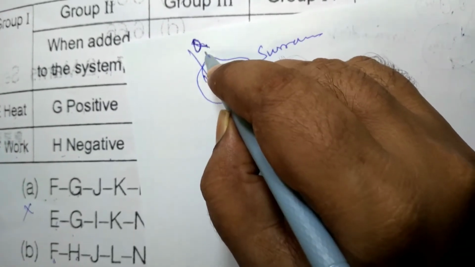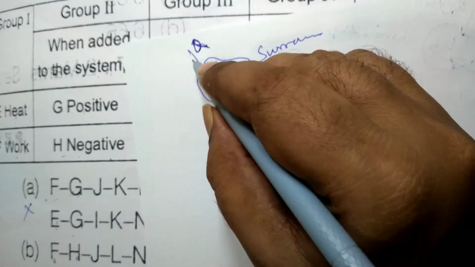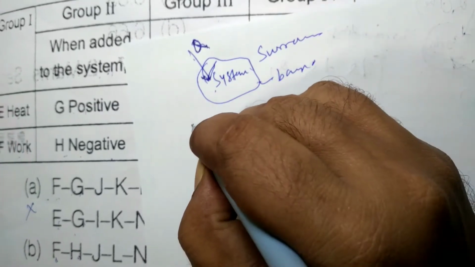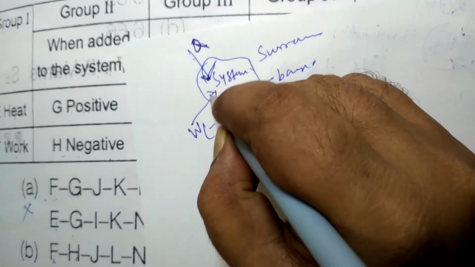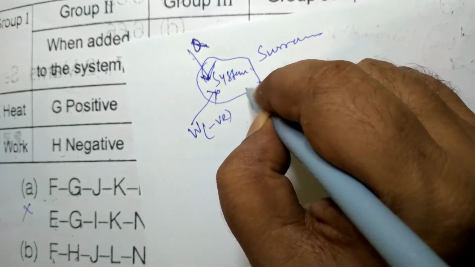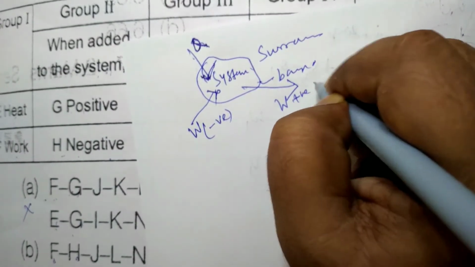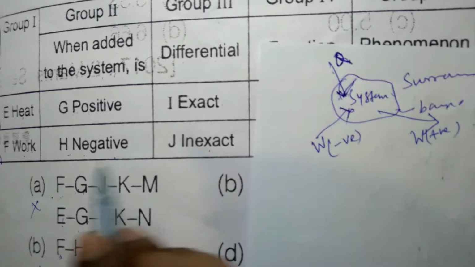You can change this, but this is the usual convention. When heat is added to the system, it is taken to be positive, and when work is added to the system, it is negative. That means when work is added to the system means work is done on this system, and when work is done by this system, it is positive. So this is the convention. So when heat is added to the system, it has to be positive.